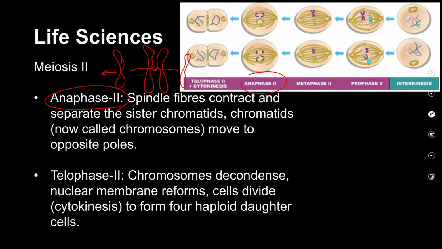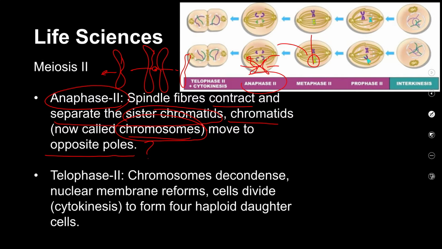And so that's clearly what is happening here. During metaphase, they met, and now we're seeing that the centromeres are pulled apart, causing the daughter chromatids to move in the opposite direction. So spindle fibers contract, they separate out the sister chromatids or daughter chromatids. The chromatids then are now called chromosomes, move to the opposite poles.